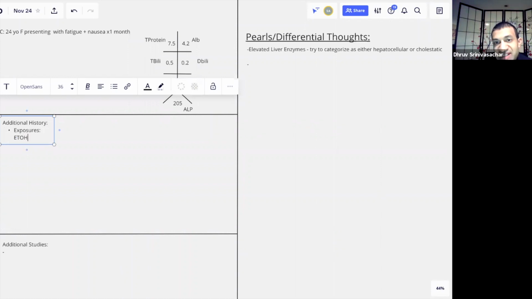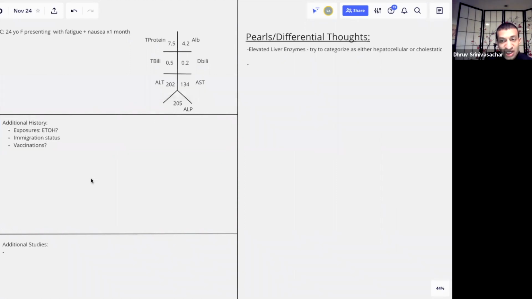But the other thing that I want to ask is about her immunization history and her immigration status, because the one thing that we do not want to forget in our differential are the viral hepatitides like Hep B and Hep C. Hep C would probably be far more common, but given that this patient is so young, we probably would want to ask about vaccination status. She probably would have gotten her Hep B vaccinations if she was born in this country, but who knows?